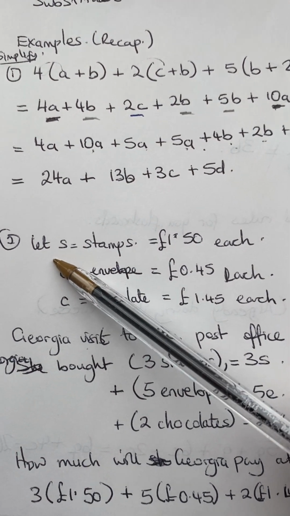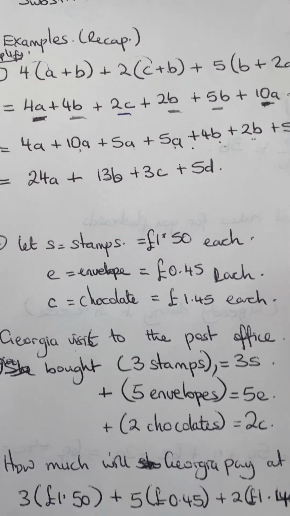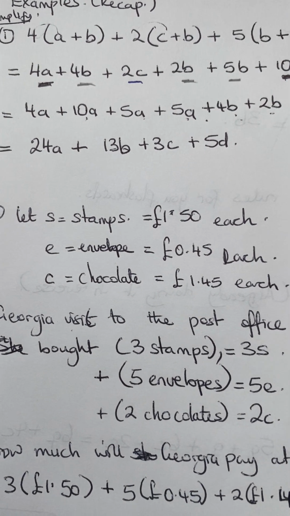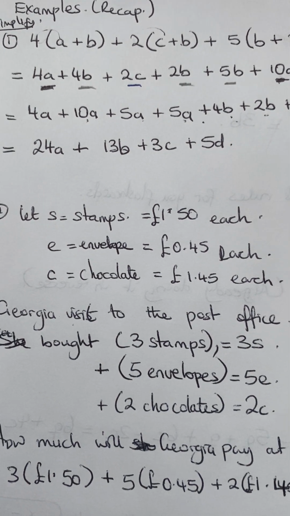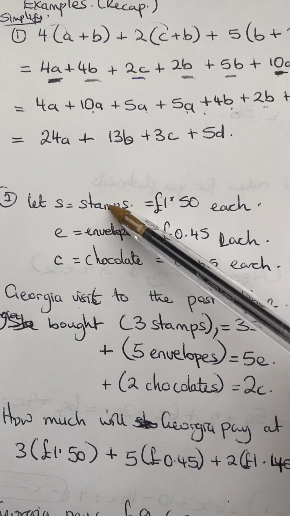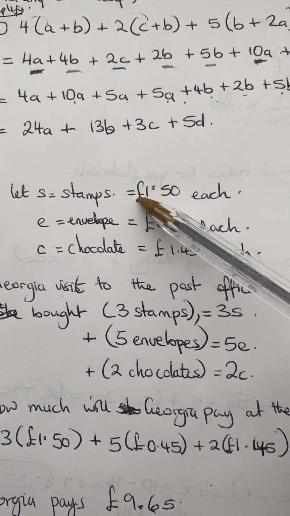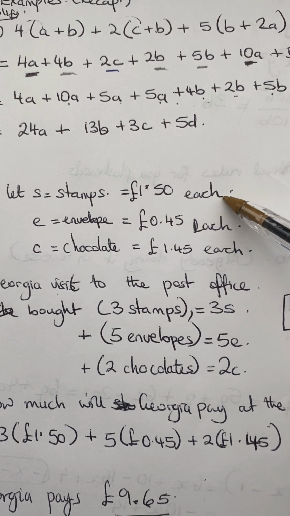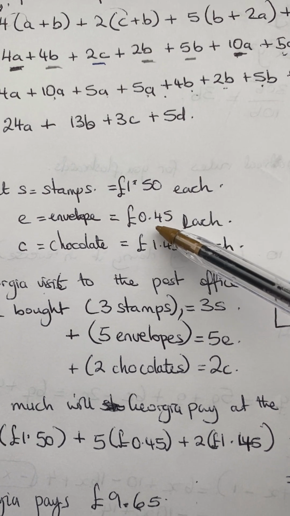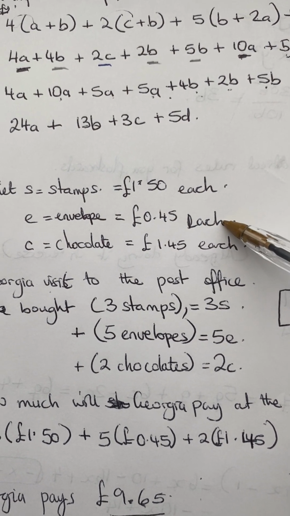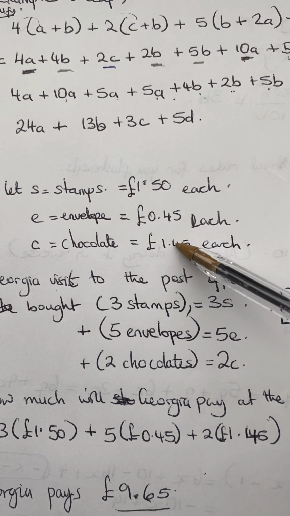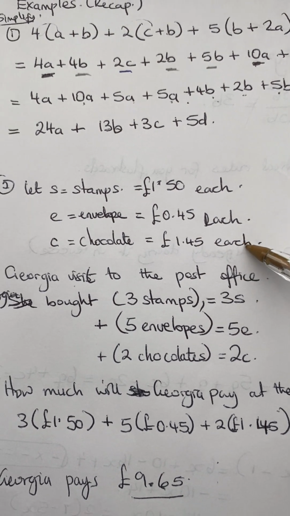Okay, our last question, which is a substitute question, but I want to show you how you can use algebra in real life. Okay, so the question is, let S be stamps, and it's £1.50 each. Let E be envelope, and it is 45p each. Let C be chocolate, and it's £1.45 each.